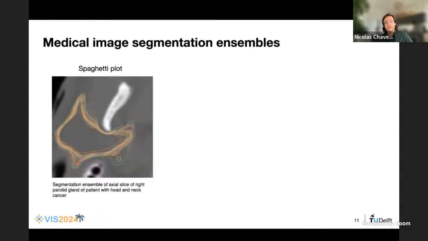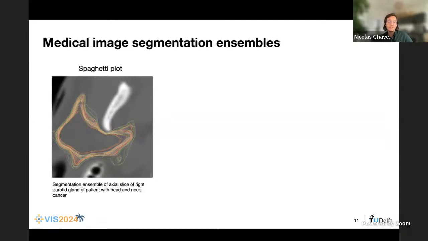What you see here is an ensemble of more than 100 contours from a probabilistic neural network, which generates many hypotheses as to where an organ is in the CT scan, in this case, the parotid gland of a head and neck cancer patient. As you can see, at this point, the spaghetti plot is quite complex with a lot of occlusions and clutter, making it quite difficult to see the particularities of the data.